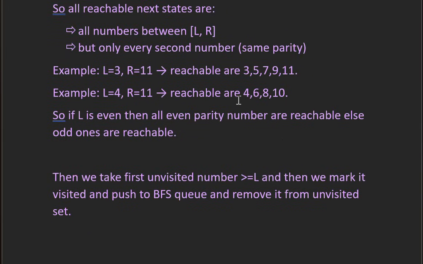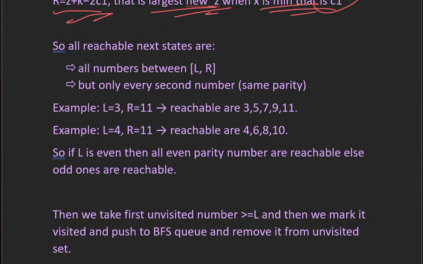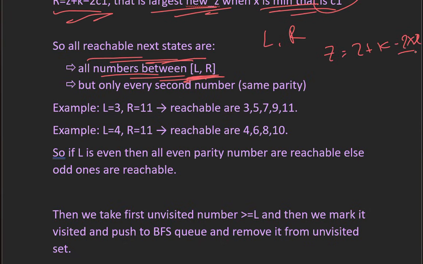So from this we will be finding all reachable next states. All reachable next states for z are numbers between L to R, and you know what the value of L and R is. But in L to R, you have also seen that the new z is equal to z plus k minus 2 into x.